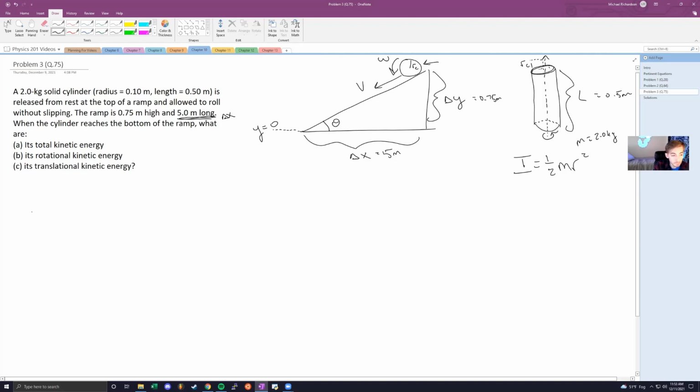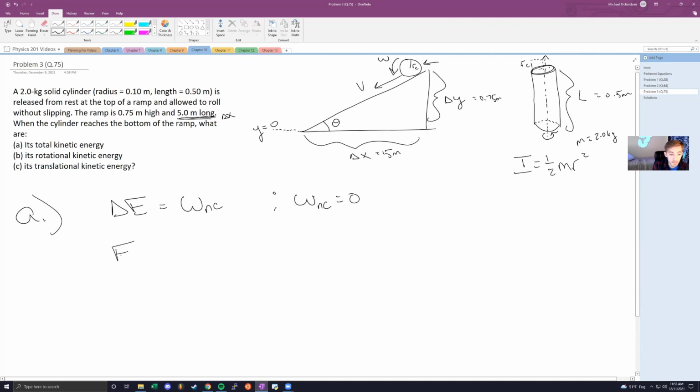Okay. So for part A, if we want to find the total kinetic energy, then just like we have for conservation of energy problems, let's set up that condition. So we get that the change in the energy of our entire system, potential and kinetic, is going to be equal to the work done by non-conservative forces. Well, for the sake of this problem, we can say that there are no non-conservative forces.